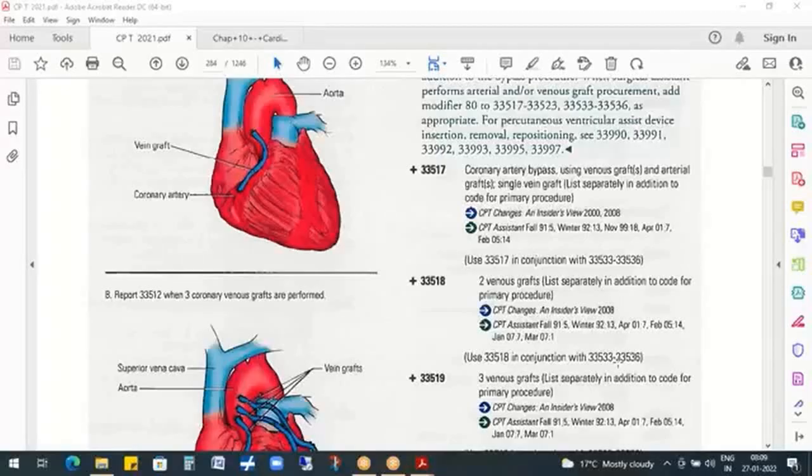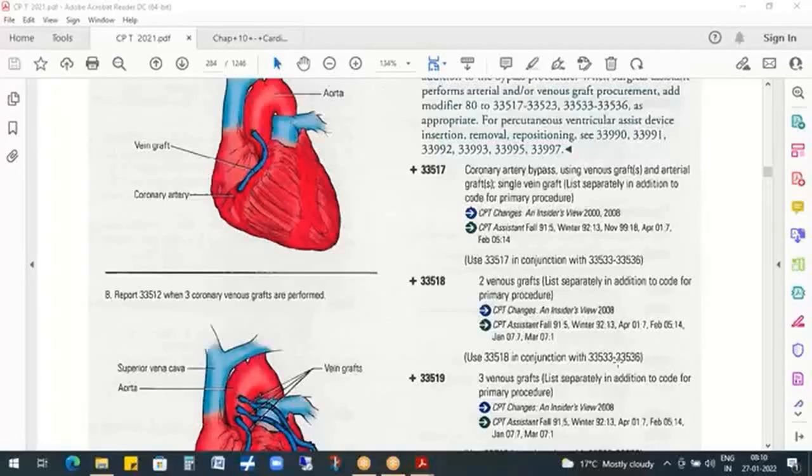For vein, what is the code series we need to use? 33517 to 33523. Now how many veins did they use? 3, sir. What is the code? 33519. Understood now, everyone?